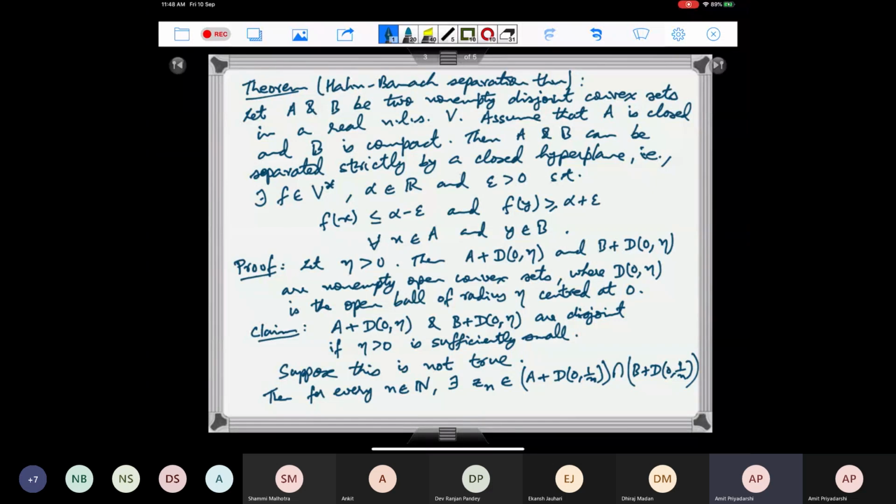So we get neighborhoods, but here we want neighborhoods of this form, A plus some open ball and B plus that open ball. That is why I have done it like this, because here we have a normed linear space. So in general, in any such space, we can separate them by disjoint open sets.